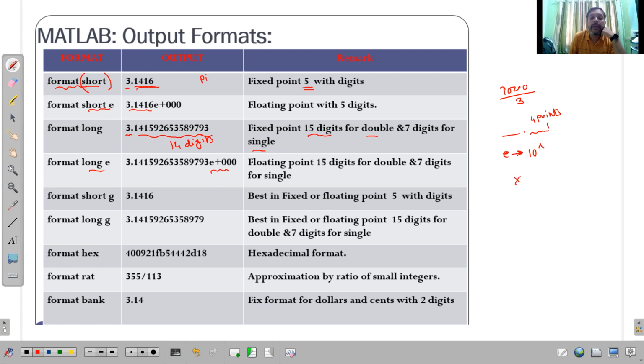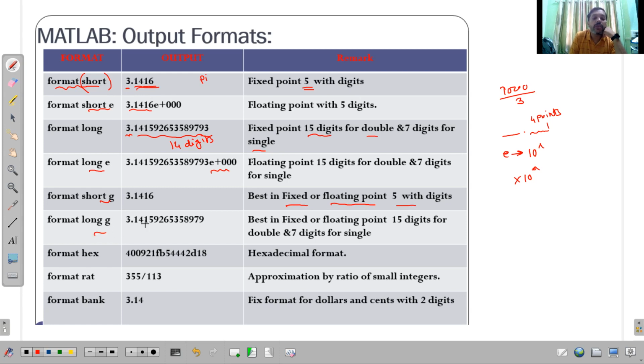That is, it will multiply with e, meaning 10 raised to something. Then format short g will give a fixed or floating point with 5 digits. The only difference from format short is that it will give you the best fit.